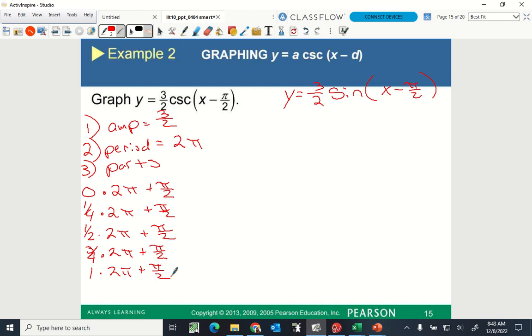I know you guys are trying to do the math right now, because that's what good students do. Yes, I put some fractions up there for you. This first one should be pretty easy. What's 0 times 2 pi? 0 plus pi over 2 is pi over 2.